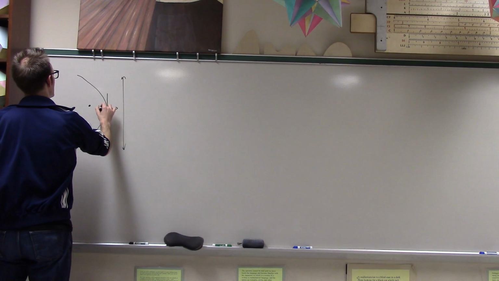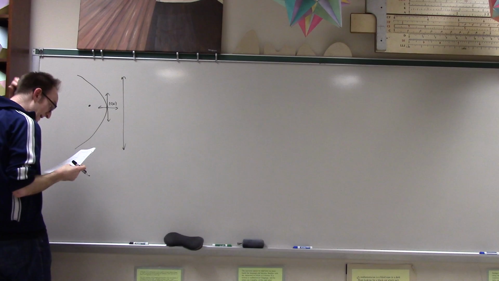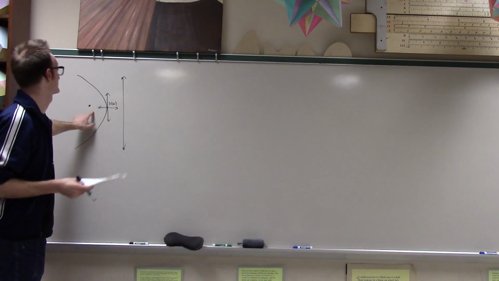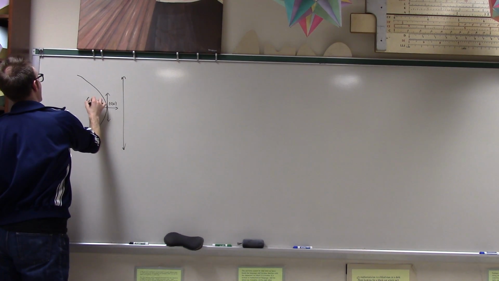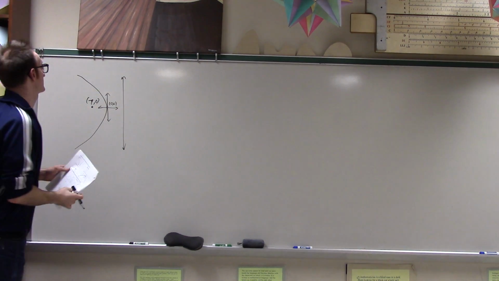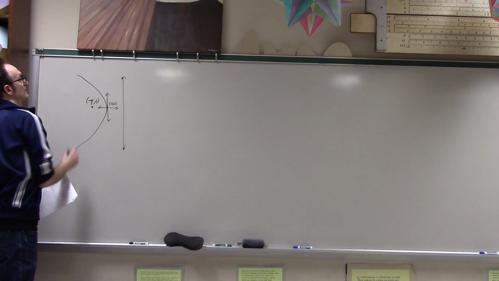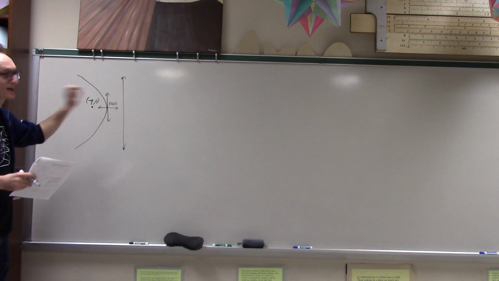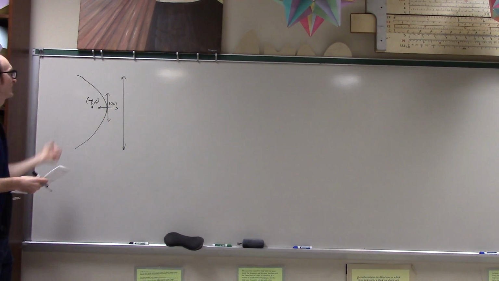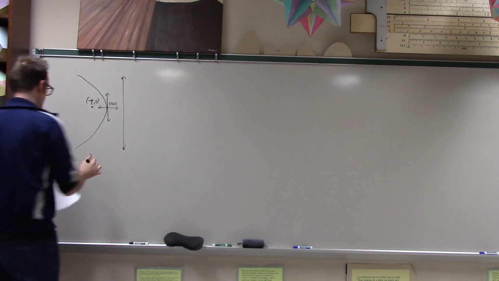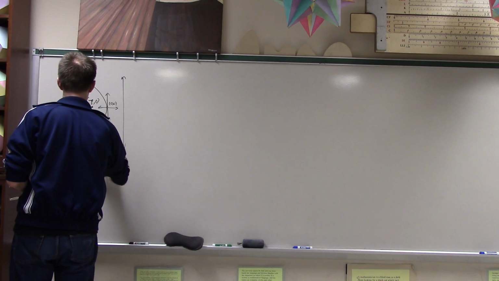Here is my origin, and this is still the point (negative q, 0), so I continue to use little q to refer to the distance from the focus to the directrix. It's going to be exactly the same as the one opening right, but now everything is going to be left. So now we get y squared equals negative 4q x.